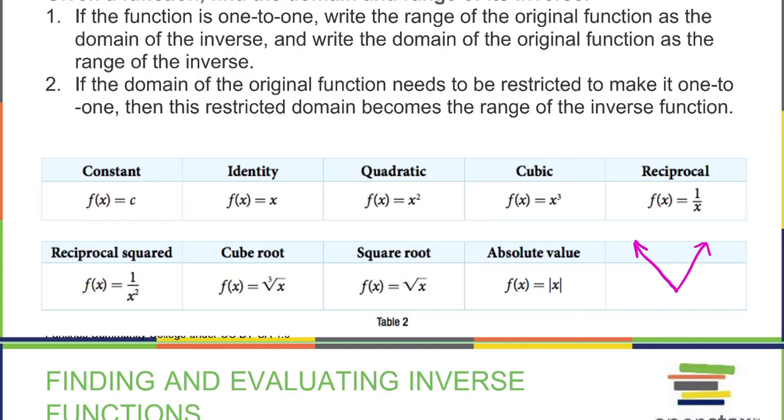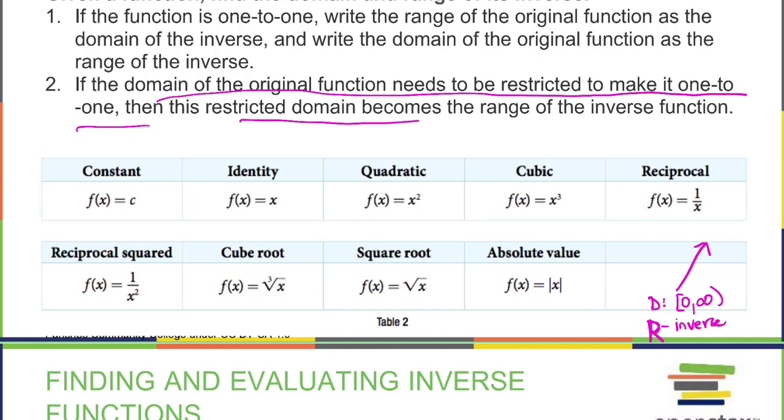How do I make it 1-to-1? I restrict it to just this part right there. So the domain here would be from 0 to infinity. That's the domain, so the range of the inverse would be from 0 to infinity. So when the domain of the original function needs to be restricted to make it 1-to-1, the restricted domain becomes the range of the inverse.